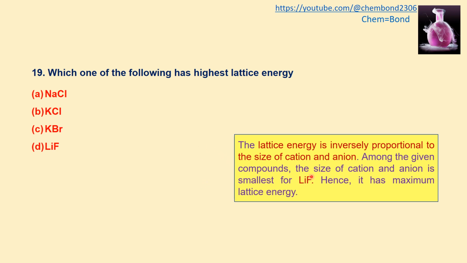Fluoride among chloride and bromide is at the top, and lithium among sodium and potassium is at the top. So both have smaller size, and when they have smaller size, they will have greater lattice energy.